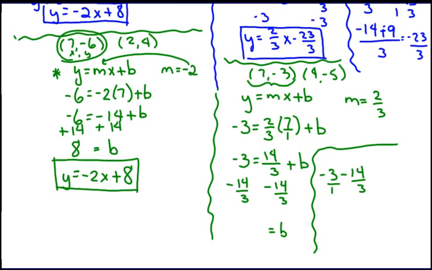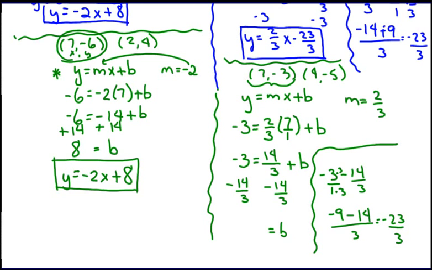I need a common denominator in order to combine them, so I will multiply by 3 on the top and the bottom. That gives me negative 9 minus 14 over 3, which turns out to be negative 23 over 3.